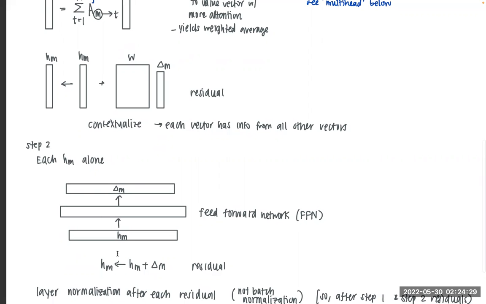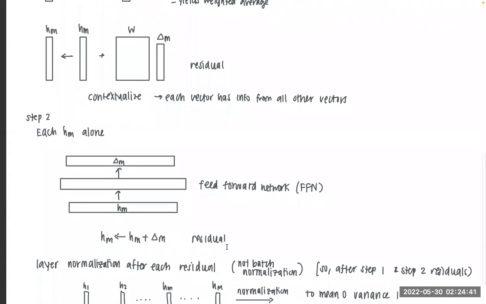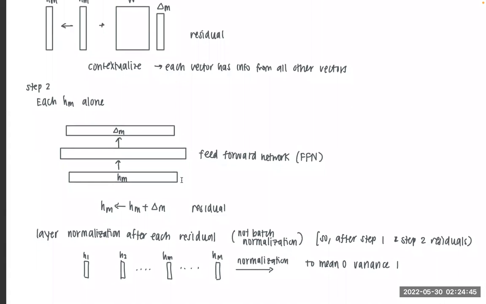You let this one be the input to this feed-forward network, and then you get a new further change delta M, and you add this delta M to this HM. Again, it's a residual type of parameterization so that it is easy for backpropagation.